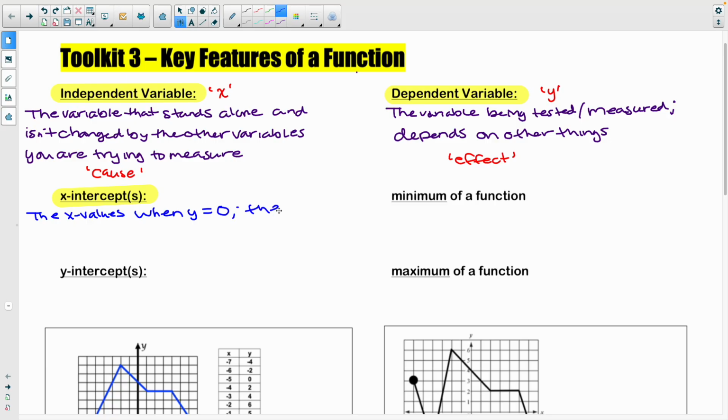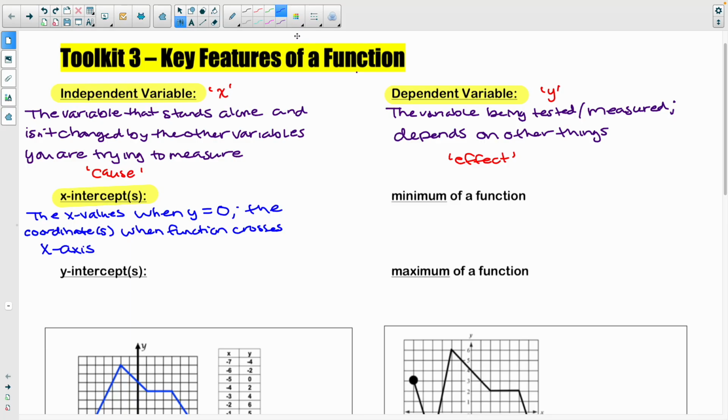And it is the coordinate or coordinates, because you could have just one or you could have multiple, when the function or the graph crosses the x-axis, which is why it's called the x-intercepts, because it is intercepting the x-axis.